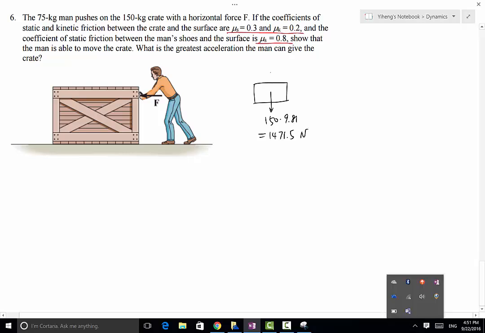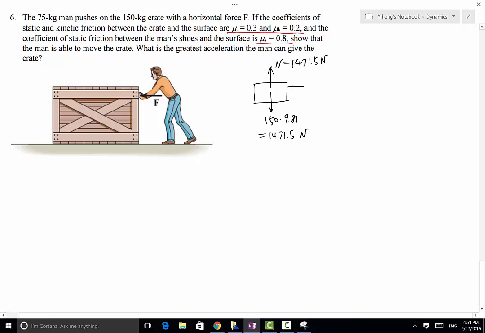Because there's no inclined surface, the normal force can be easily determined from the equilibrium along the vertical direction to be the same as the weight.